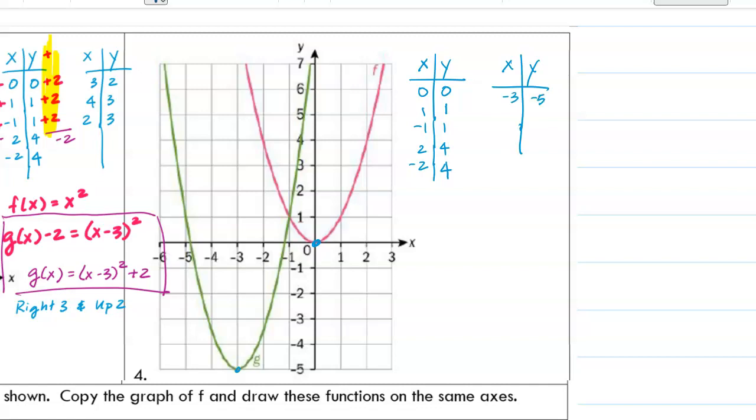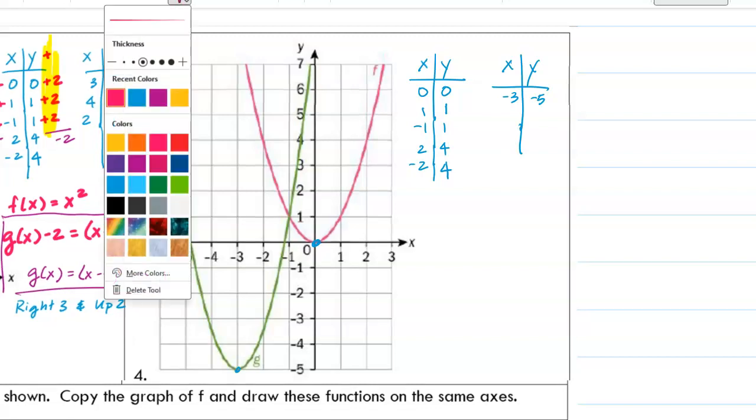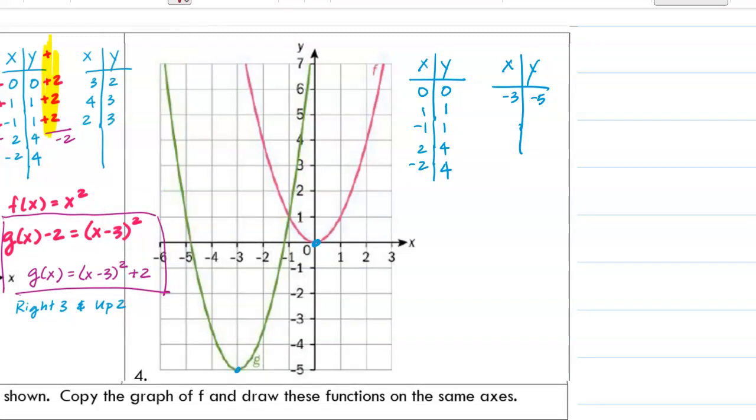So that means I got that from subtracting 0 minus 3, and then minus 5.